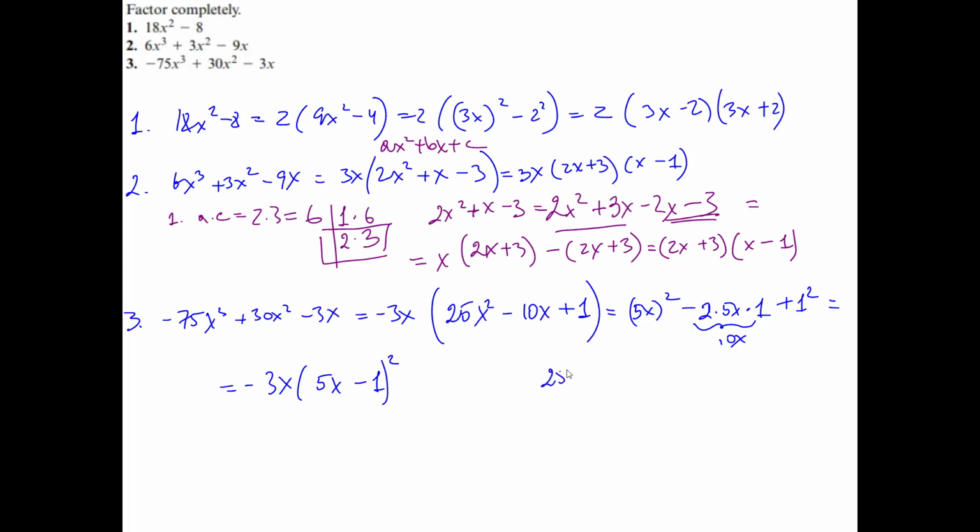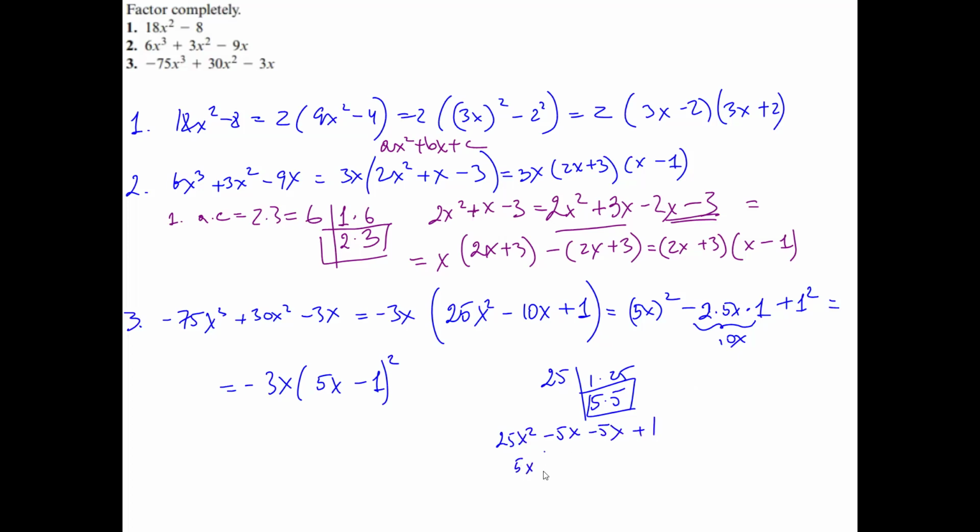In case you don't see that, you go what? 25: 1 times 25 doesn't work. Then 3. Is 25 divisible by 3? I don't think so. No. 5. 5 times 5? Yes. So what you do? You take minus 5, minus 5. 25x squared minus 5x minus 5x plus 1.